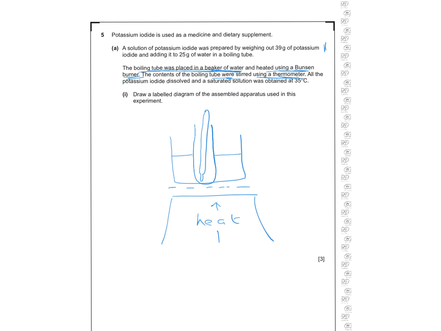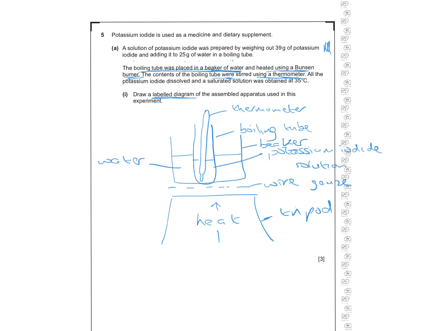Because this bit here tells me that a solution of potassium iodide was prepared by weighing out 39 grams of the iodide and adding it to 25 grams of water in a boiling tube. So this boiling tube then contains the solution of potassium iodide. And we're told the diagram has to be labelled. So all of that's needed for 3 marks.